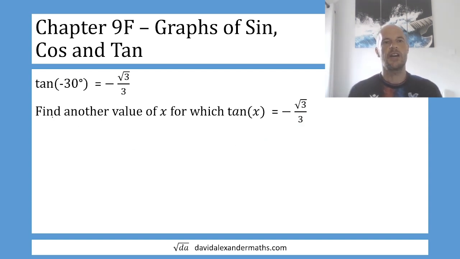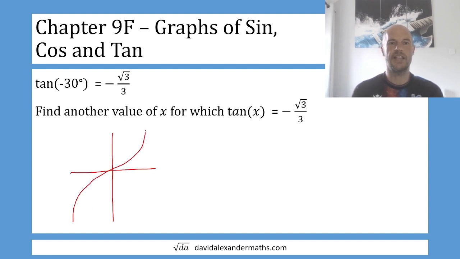Okay, so here we know that the tan of negative 30 gives us minus root 3 over 3. What we need to know is that tan repeats itself every 180 degrees. So here is the tan of minus 30, and it's given me this value here of minus root 3 over 3.